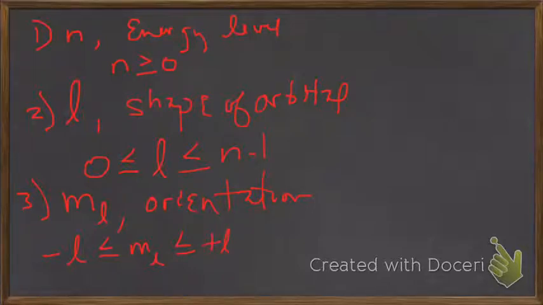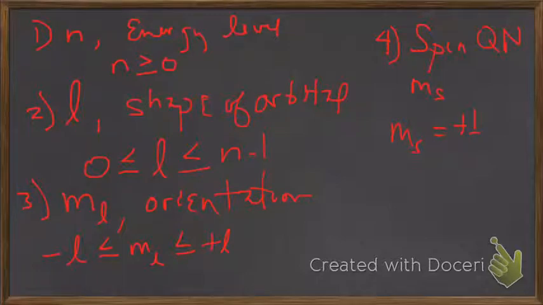And then finally, we have the 4th one, which doesn't describe the orbital. It's the spin quantum number, and its symbol is m sub s, and m sub s can equal either plus 1/2 or minus 1/2.